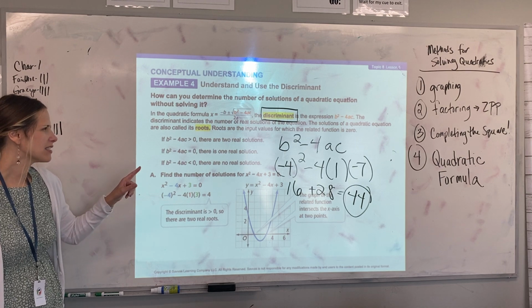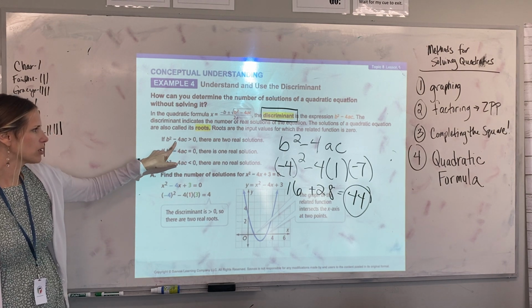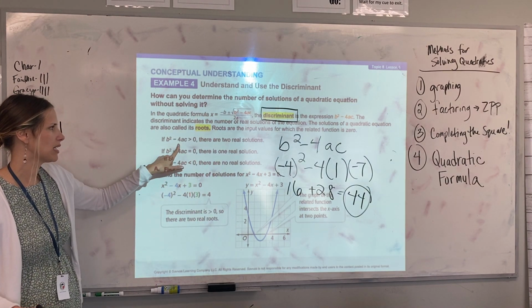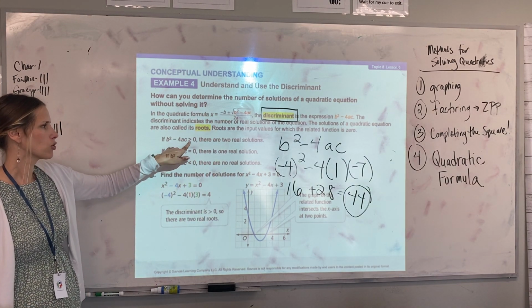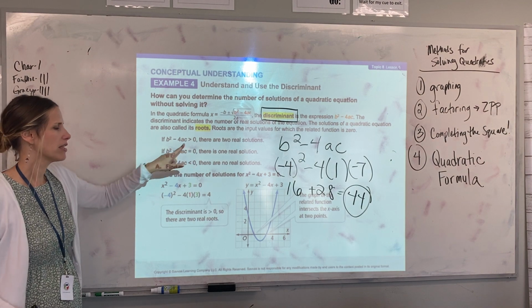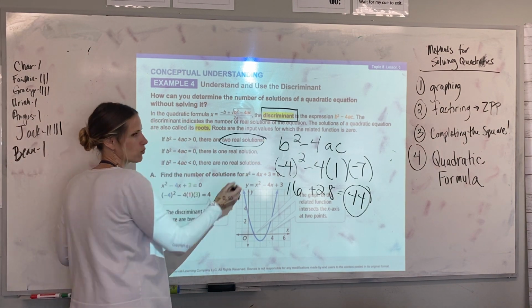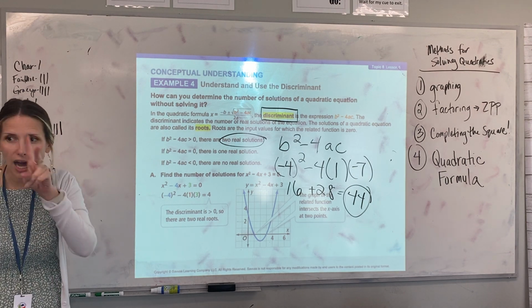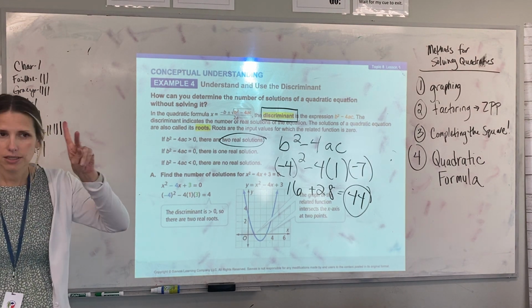So the key is, if the discriminant, which is this, b squared minus 4ac, is a number that is greater than 0, then there are 2 solutions, which is why when we solved that quadratic equation a minute ago, we got 2 different numbers.